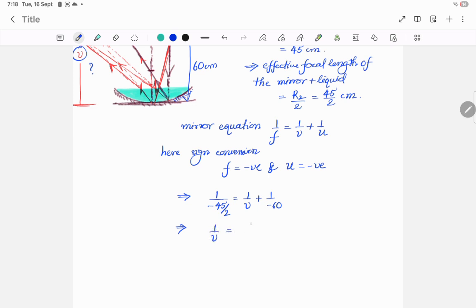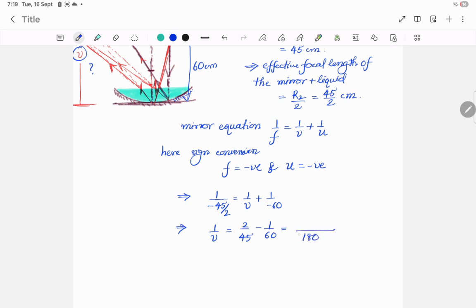Now from here separate this V. Okay, 1 by V is equal to minus 2 by 45, minus 1 by 60.